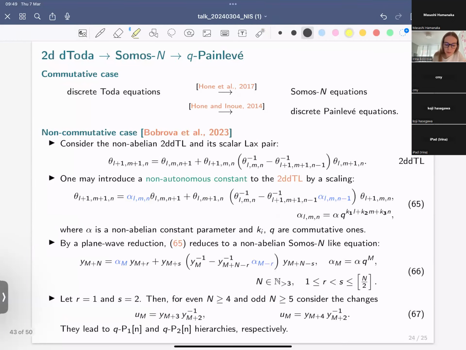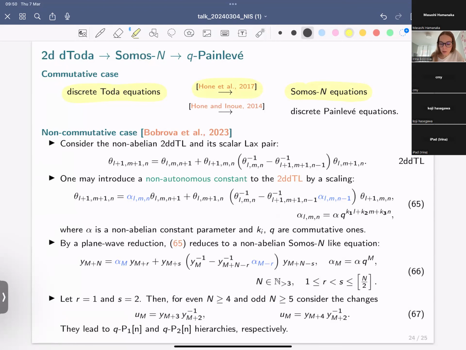We can start from the discrete Toda equation, also known as the discrete Hirota equation or discrete KP equation, by a plane wave reduction, considered in the paper by Hone and co-authors. We can reduce it to the so-called Thomas N equation, or it's better to say a two-term version of the Gay-Robinson equation.